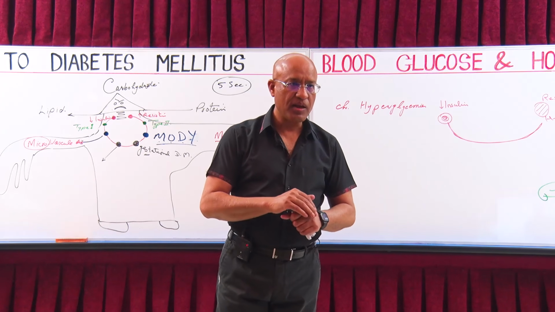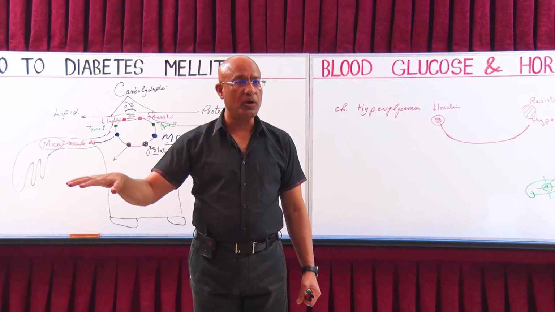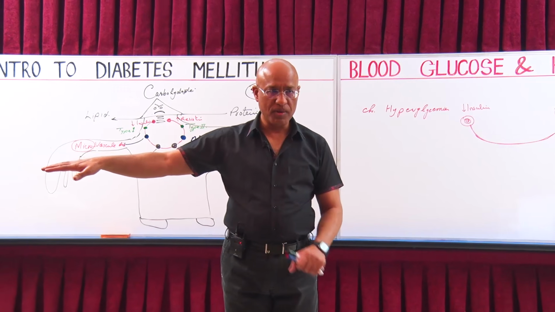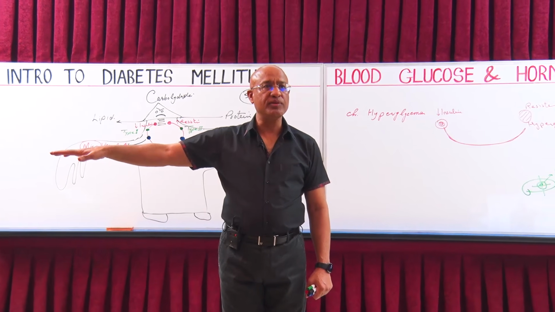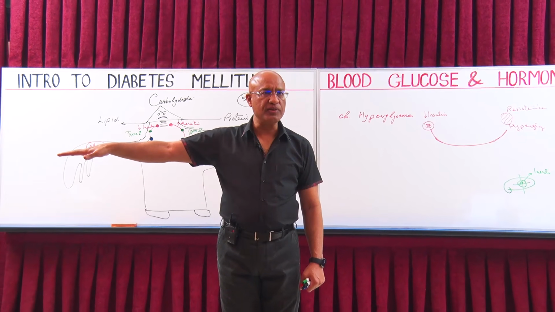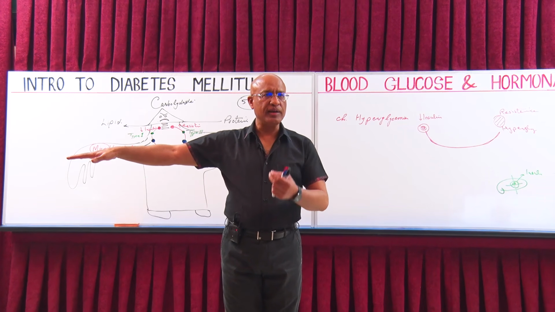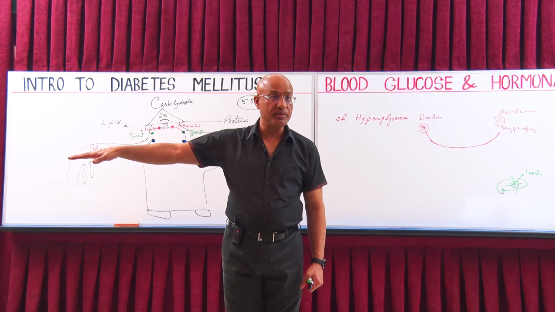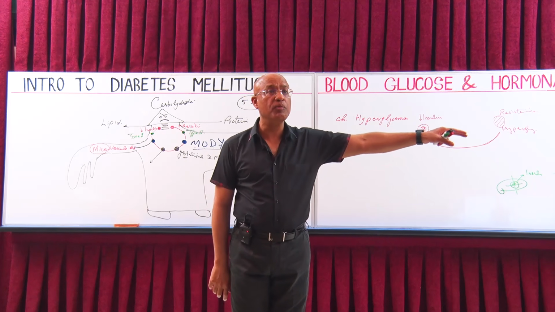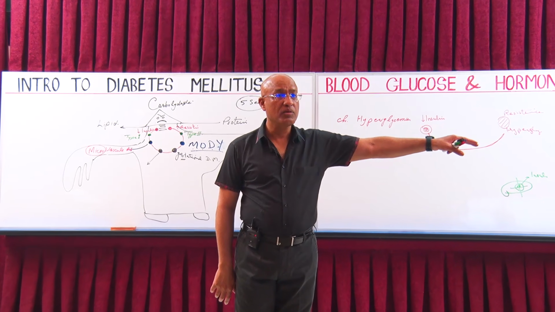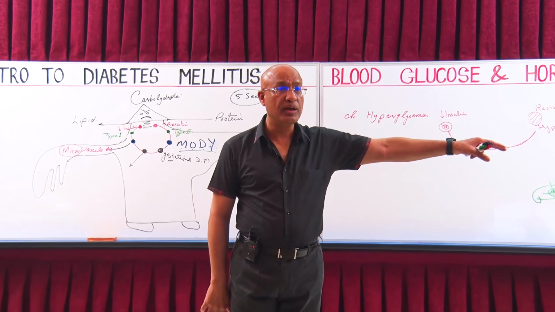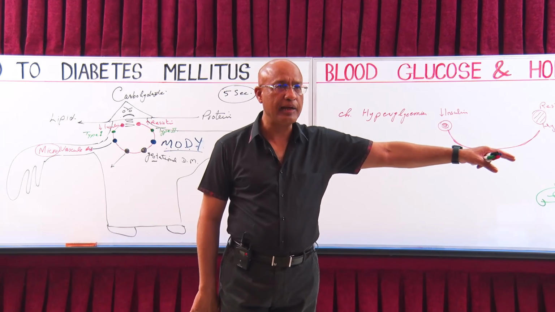For example, if someone has uncontrolled hypertension only, once he develops the hypertensive condition, let's suppose he takes 10 years to develop dangerous atheromas. But if someone has diabetes mellitus, within 5, 6, 7 years he will develop very dangerous atheromas.